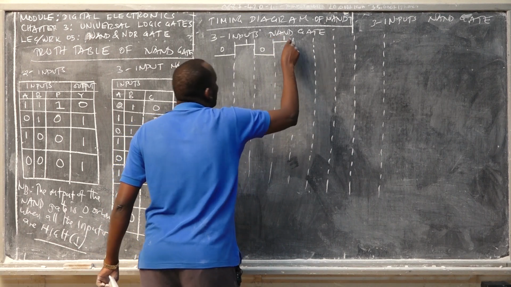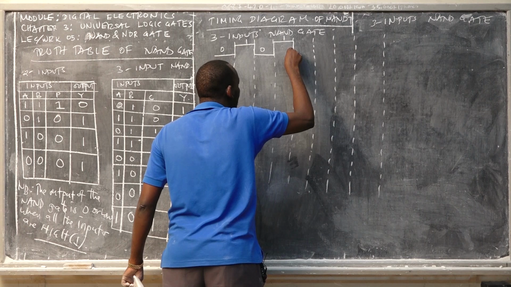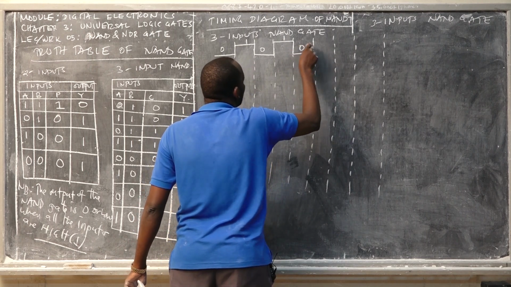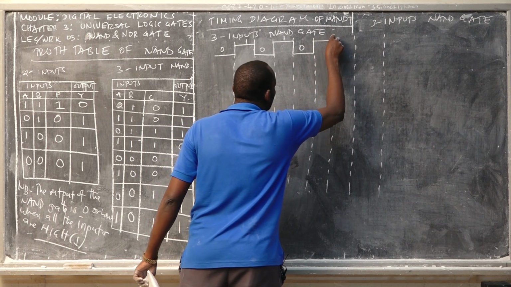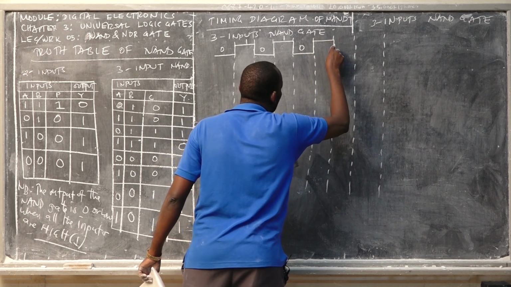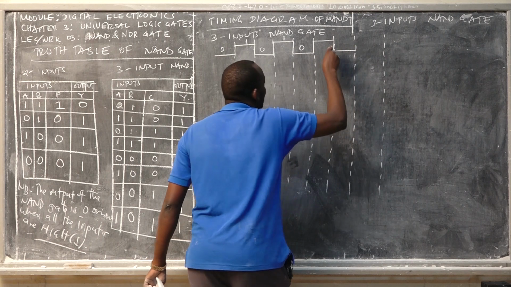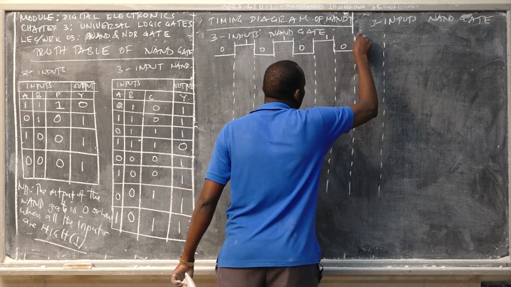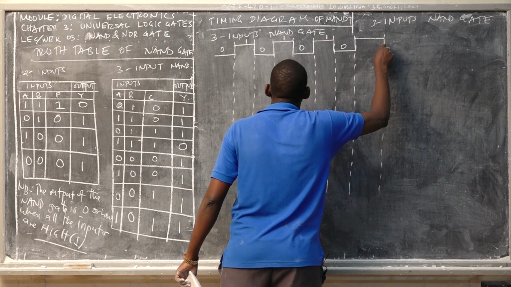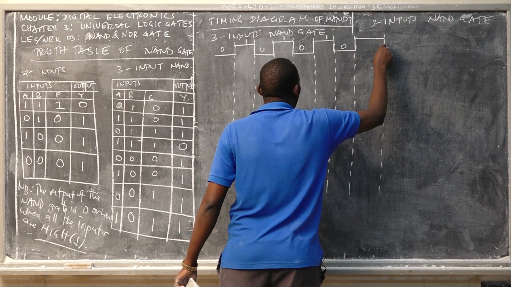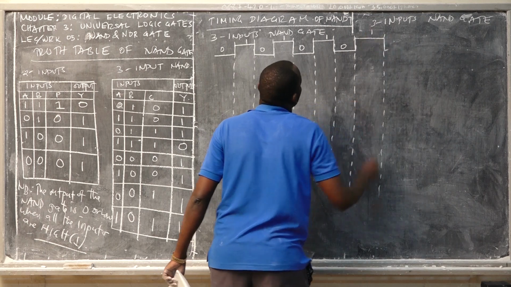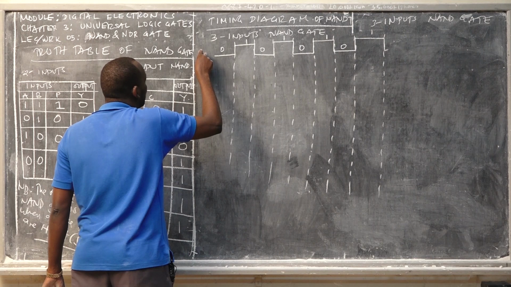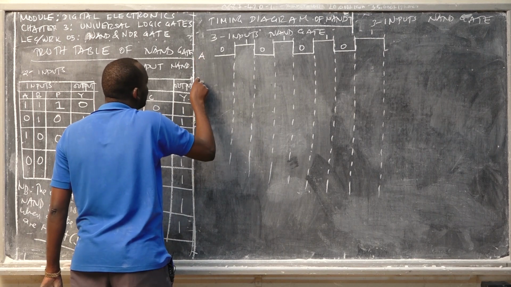The next bit, the next bit, here we have 0. The next bit, A. Are you sure? This is input A.